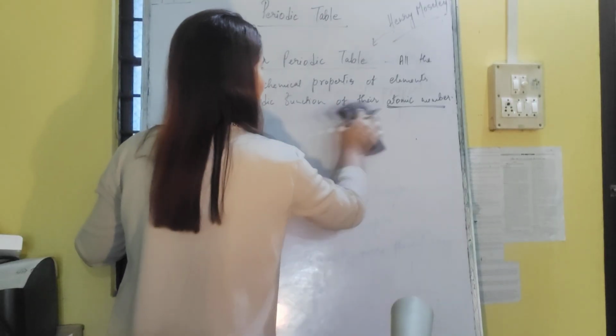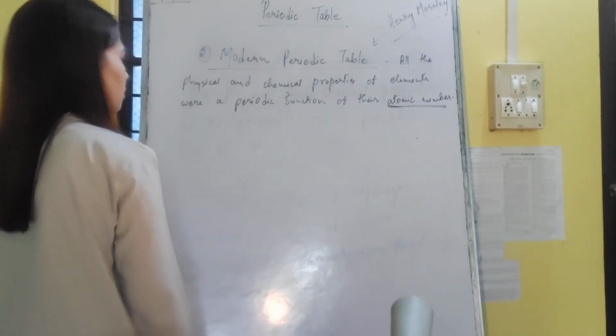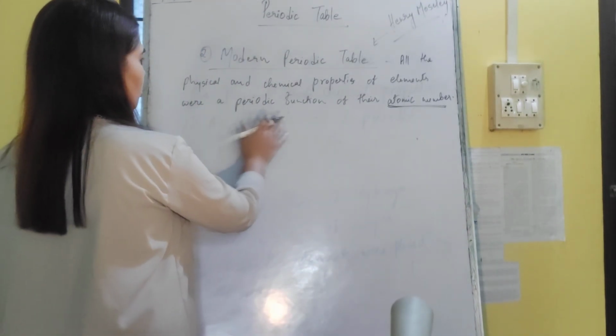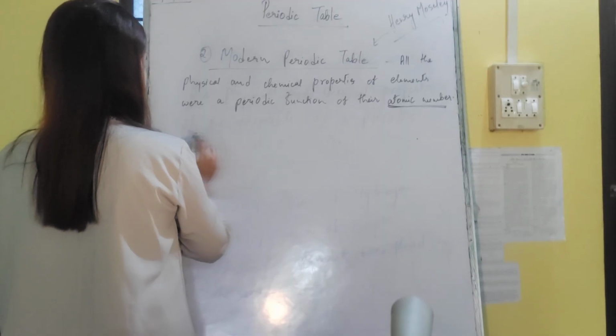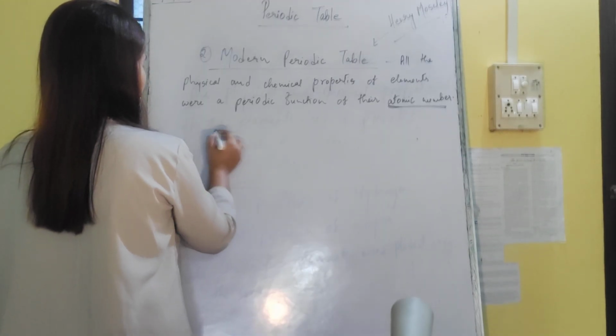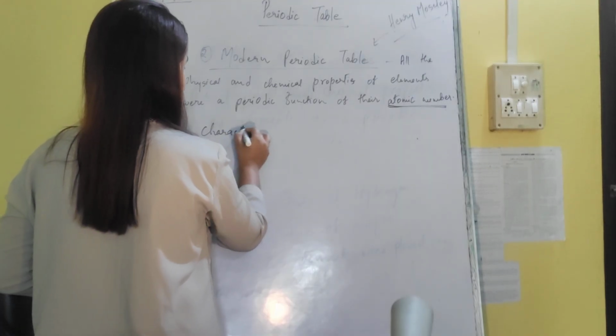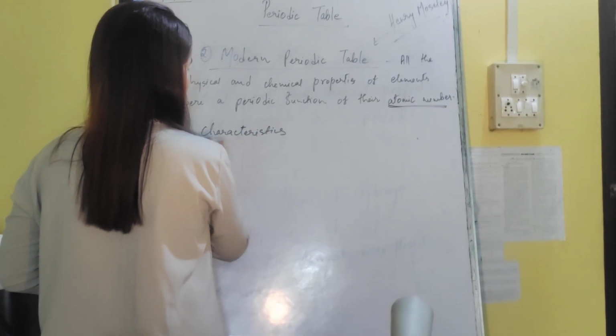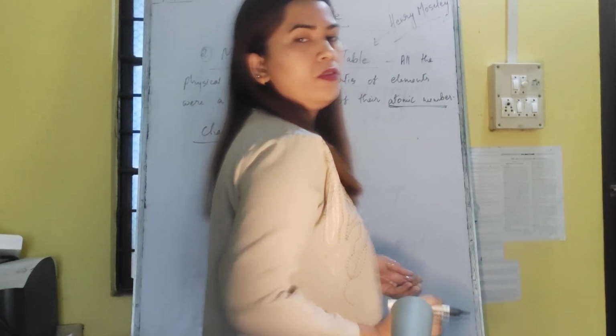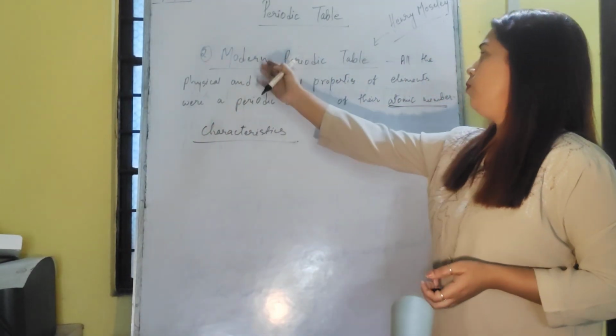The proper diagram of the modern periodic table will be in this manner. Let us first see a few characteristics of the modern periodic table.